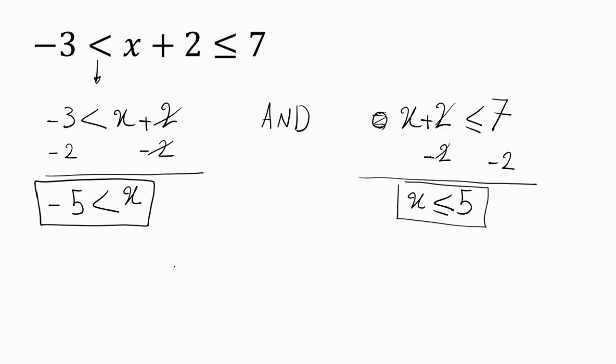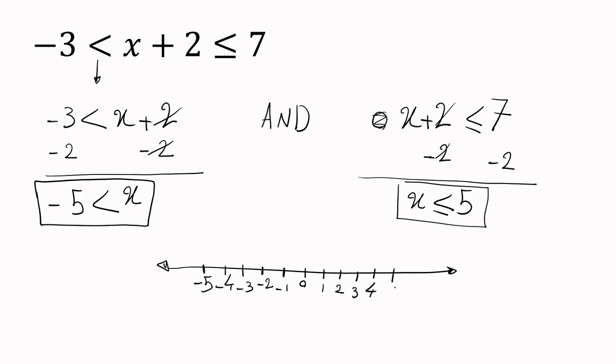Let's use a number line. 0, -1, -2, -3, -4, and -5. 1, 2, 3, 4, 5.